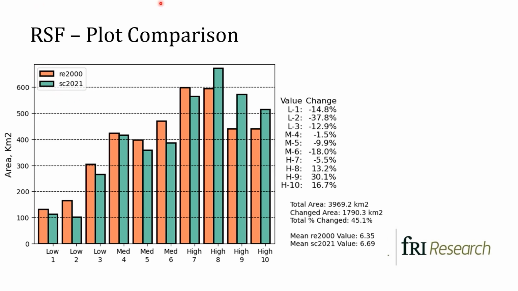Now, looking at RSF, we see that the biggest notable change is that we have from 2000 to 2021 increased our RSF significantly in our high RSF values, up to 30% in our RSF 9 value.